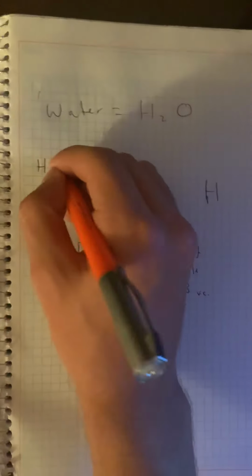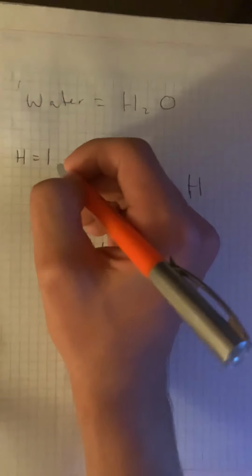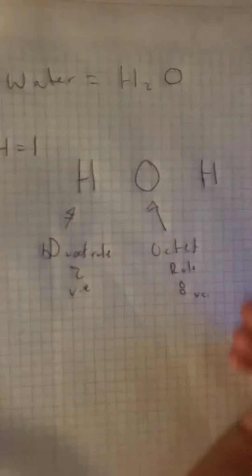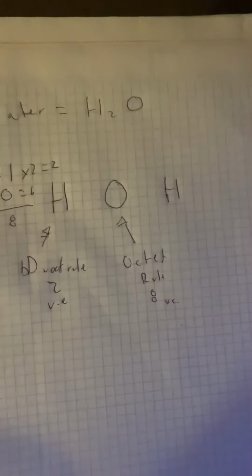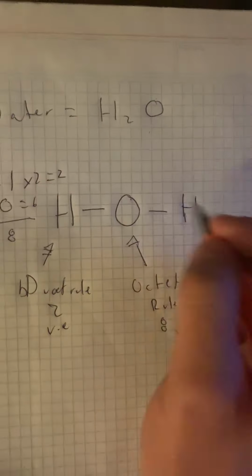So in this case, we know hydrogen has one valence electron, but we have two atoms of hydrogen, so for hydrogen we will have a total of 2 valence electrons, and we know oxygen has 6 valence electrons, so in total we will have 8. So first, what I do is form a single bond between all of them.